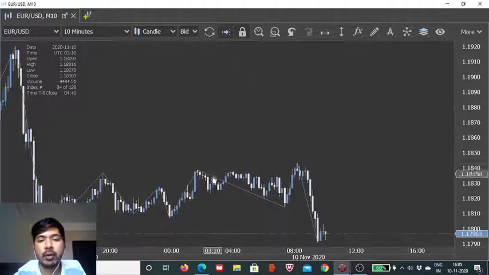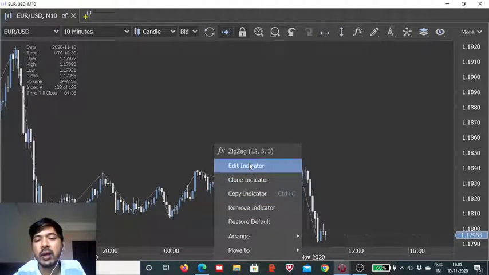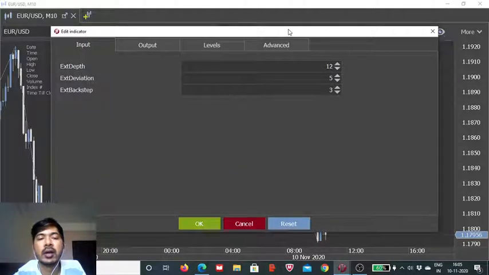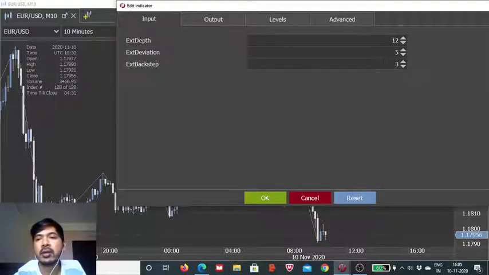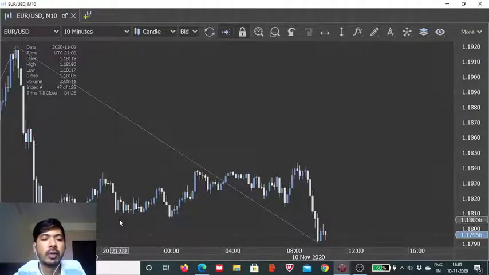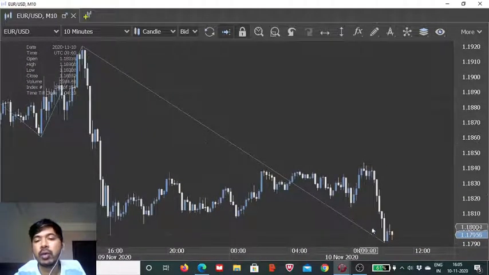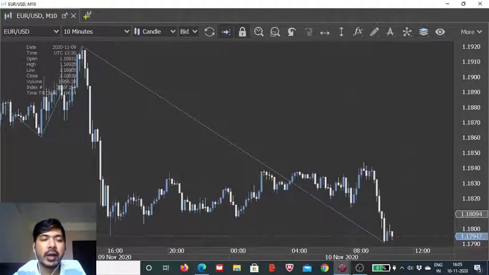Here I will explain to you briefly how this formation changes as we change this depth parameter. Say for example, if we make it 120, all these shorter time moves have vanished and one larger wave is now visible, which is pointing to the continuous bearishness in the underlying instrument.